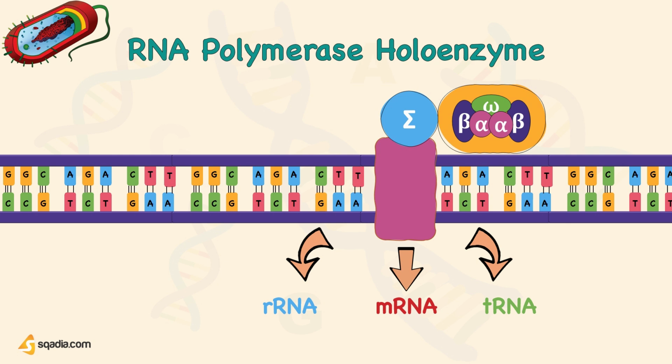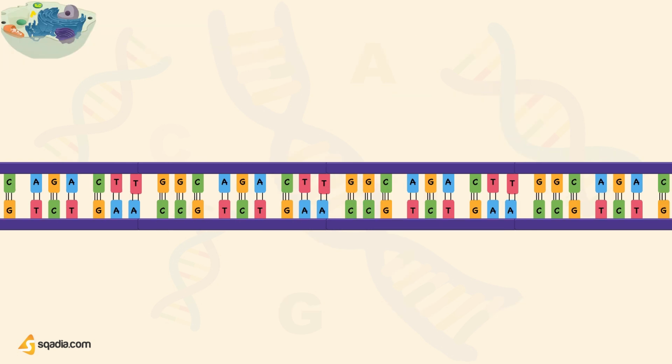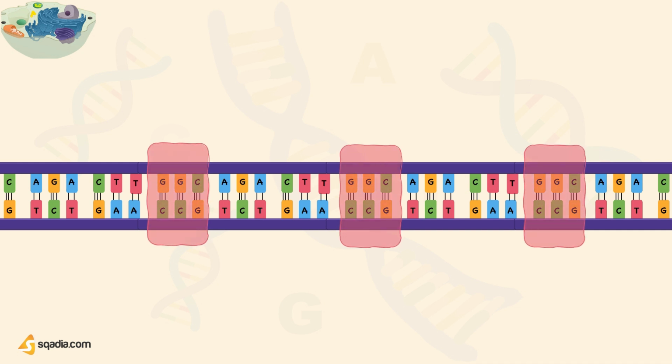But there is a different case with eukaryotic cells. Let us take three promoters here and study them separately. Now in eukaryotic cells, we require two things: RNA polymerase and transcription factors.